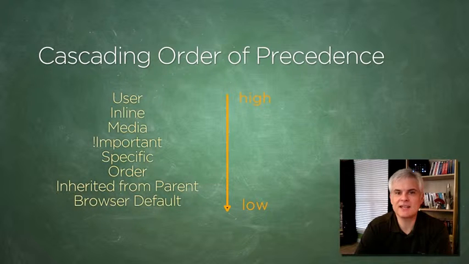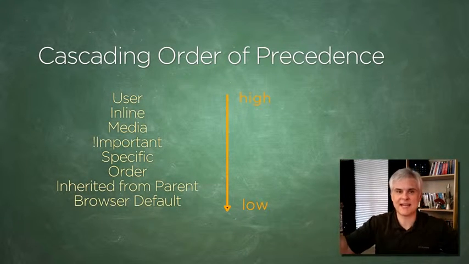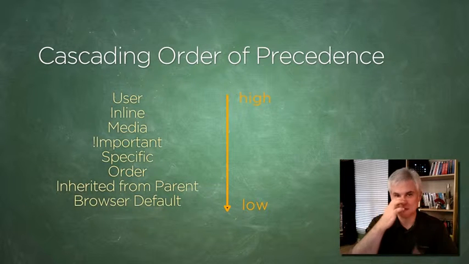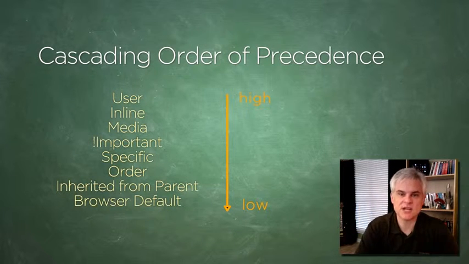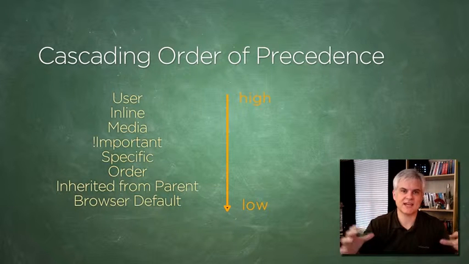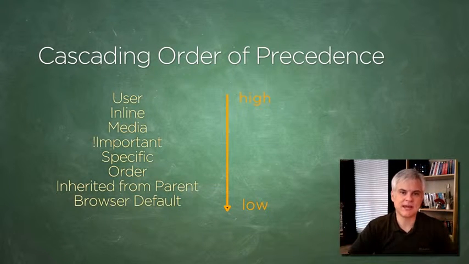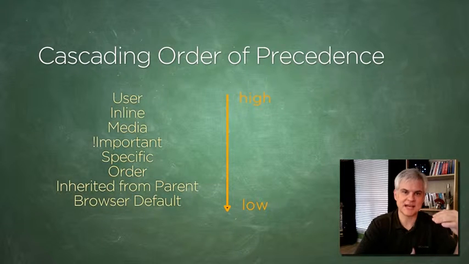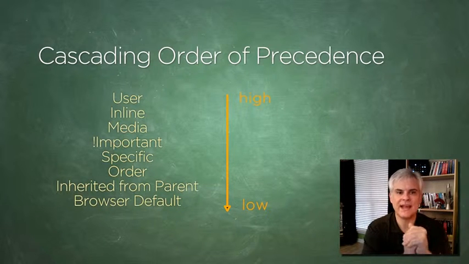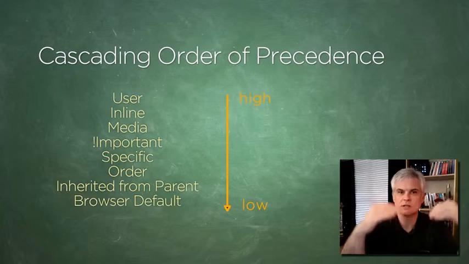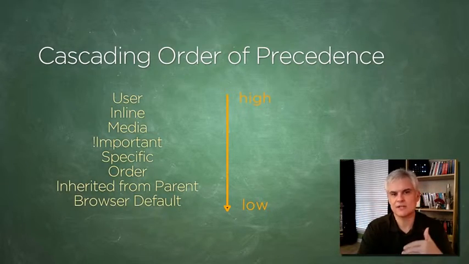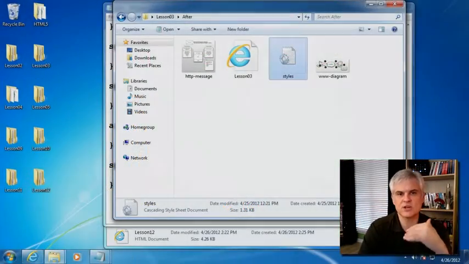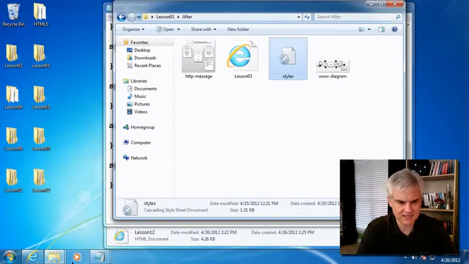Specificity, so that means if I define a style for an ID, it will take precedence over a style that was defined just generally for that tag. So if I have an ID of some such, but I have the paragraph tag defined even lower down in my document, the one that has specificity will override it. Next down in importance is the order of things. So we saw just a moment ago how we defined, let me see if I can find that.